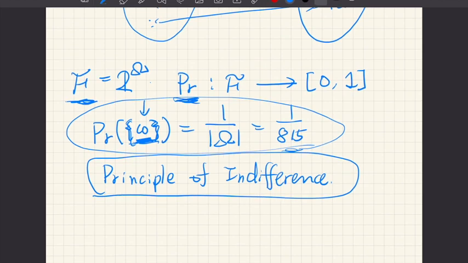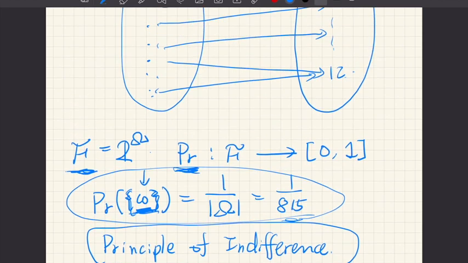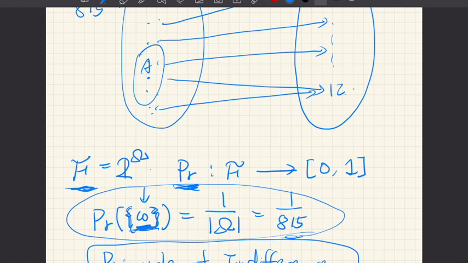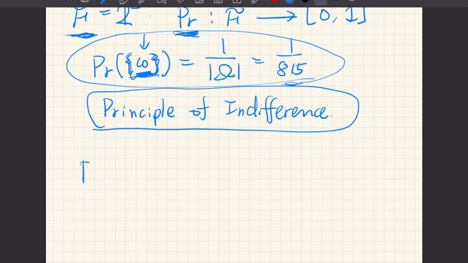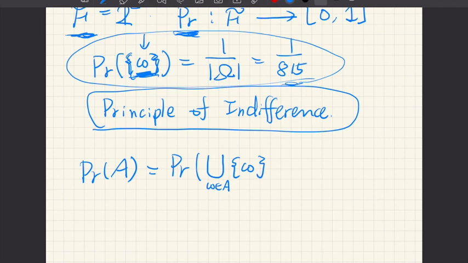Okay, because for example, let's pick any subset here, let's call it A. So the probability of this event subset A can be calculated as the sum. Probably I should write first. This A is a union of all elements in A, a union of this type of subsets.